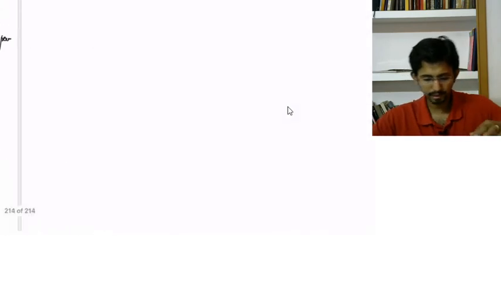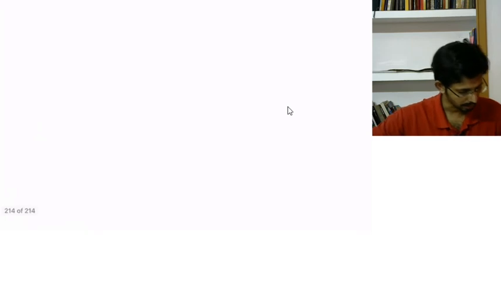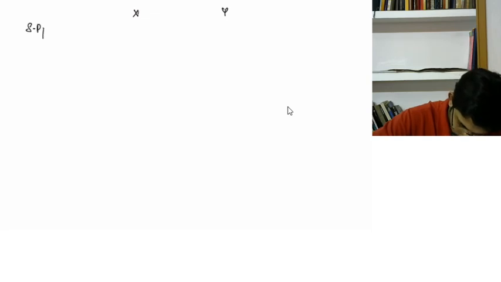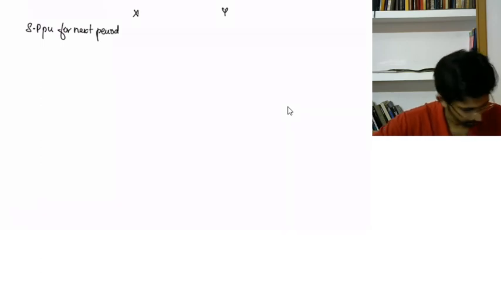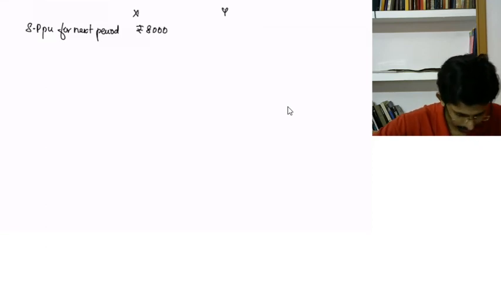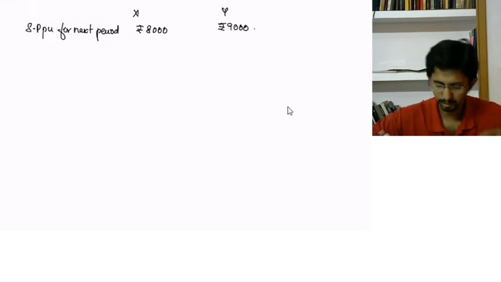The selling price per unit for the next period is available, rupees 8,000 and rupees 9,000.